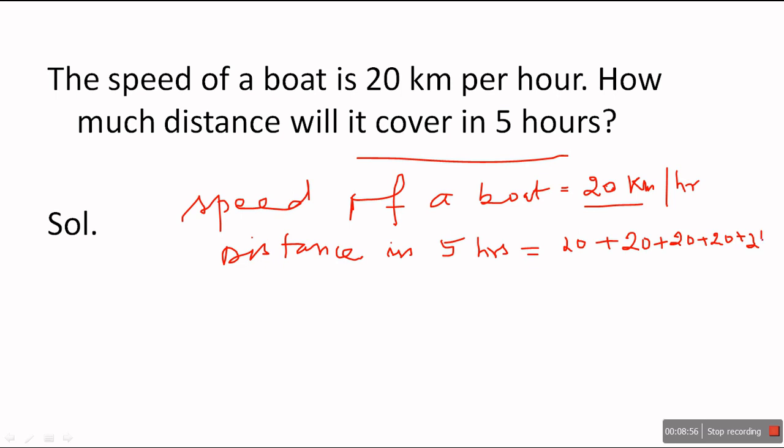Okay, in the first hour, in the second hour, in the third hour, in the fourth hour, in the fifth hour. Or I know multiplication is repeated addition, so I can multiply 20 into 5, because 5 hours, so 5 times, that is 100 kilometers.